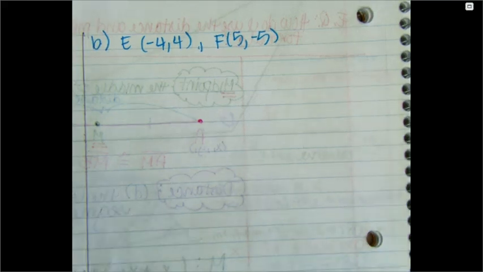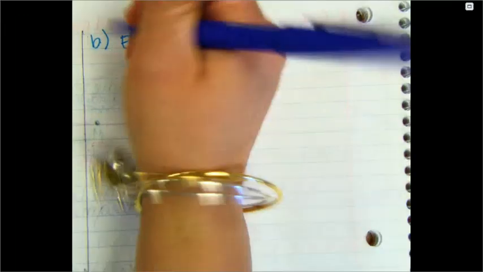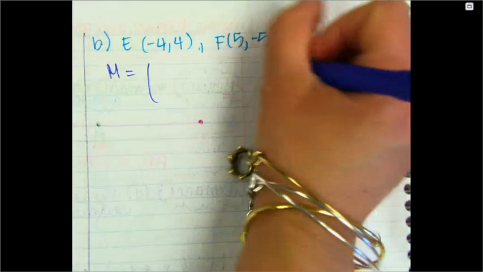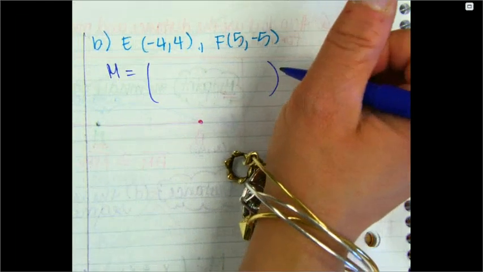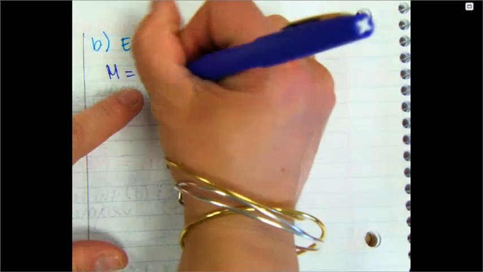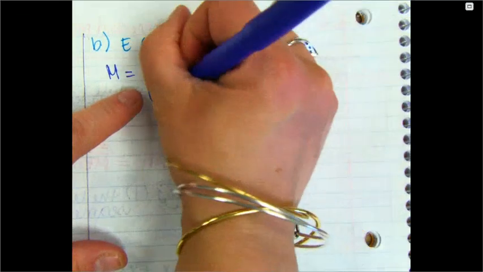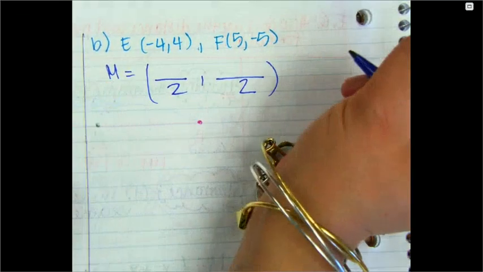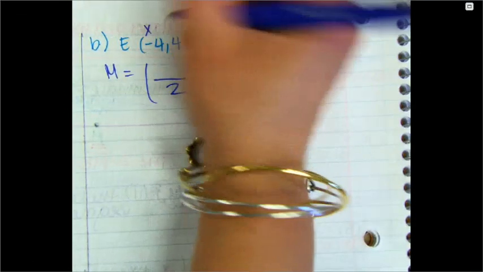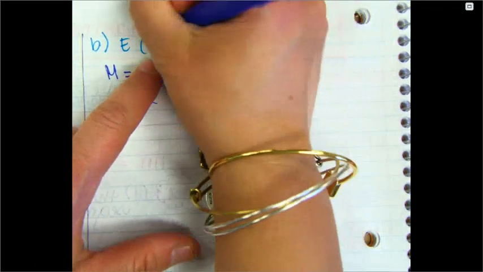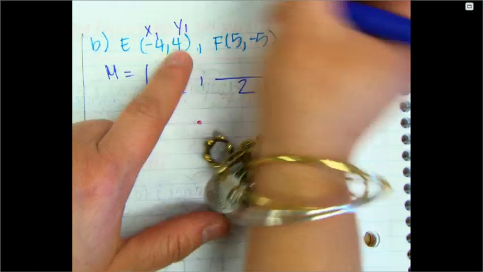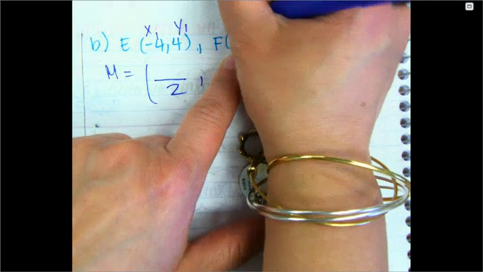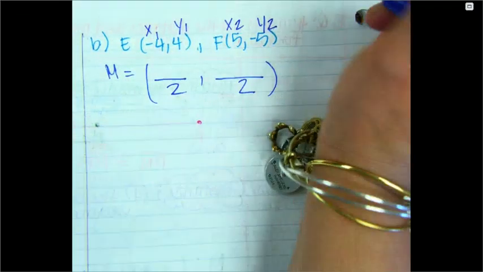Alright, let's check. I think some of you guys got a little lost somewhere in your work. Let's do midpoint really quick because that's easy. Over 2, x1, what is this one? Y1. This is x2 and y2.